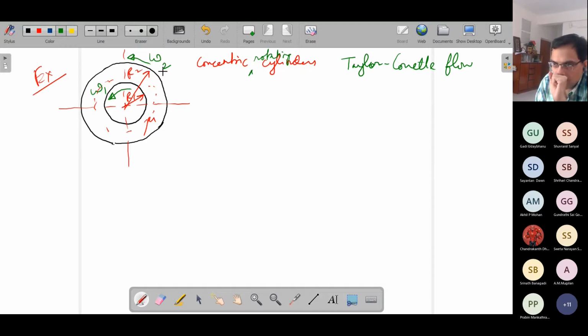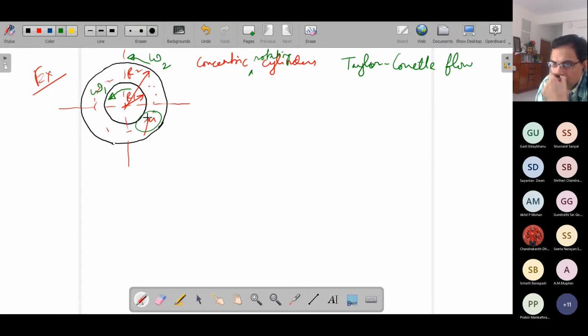The other application is this: say the outer cylinder is stationary and the inner cylinder is rotated. If we know the power required to make it rotate with this angular velocity, then from that we can find out the viscosity of an unknown fluid.